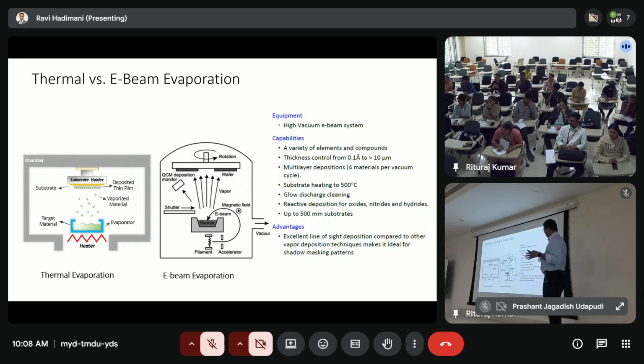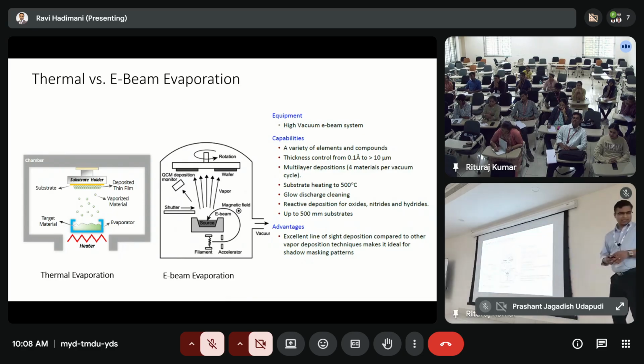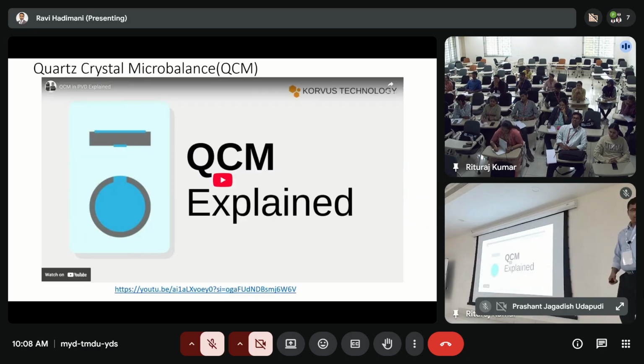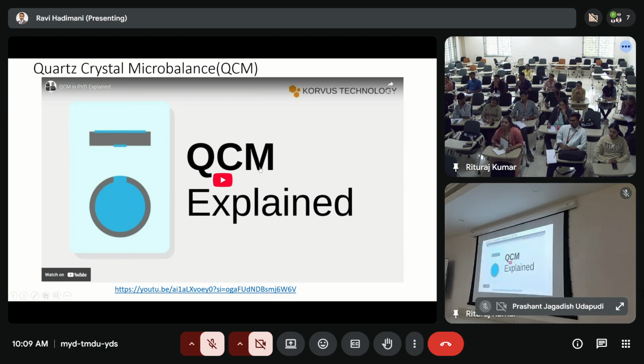That's quite big, so you can deposit large materials, and it has excellent line of sight deposition, meaning you deposit directly above the target, so you get a good deposition rate as well.